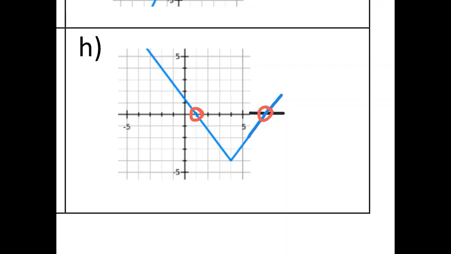And think about the symmetry of this. If the vertex is right here, and this solution is 1, 2, 3 spaces away, then let's say that this solution would also be 3 spaces away, and this one would be x equals 7.